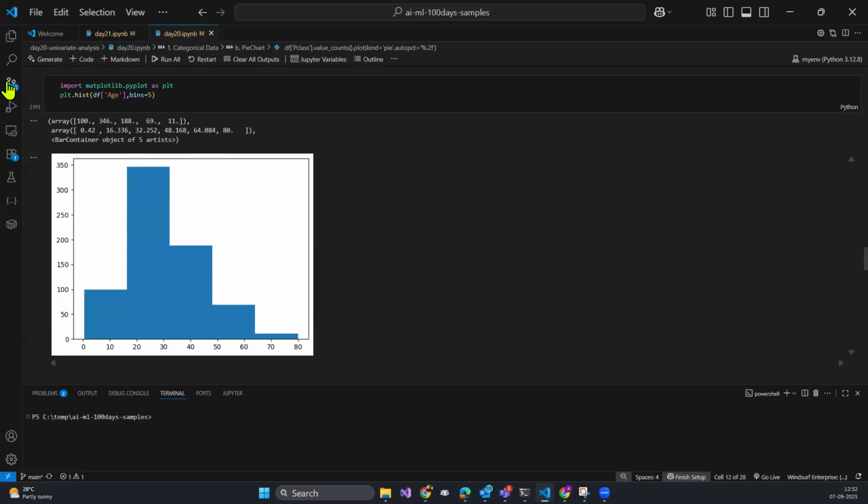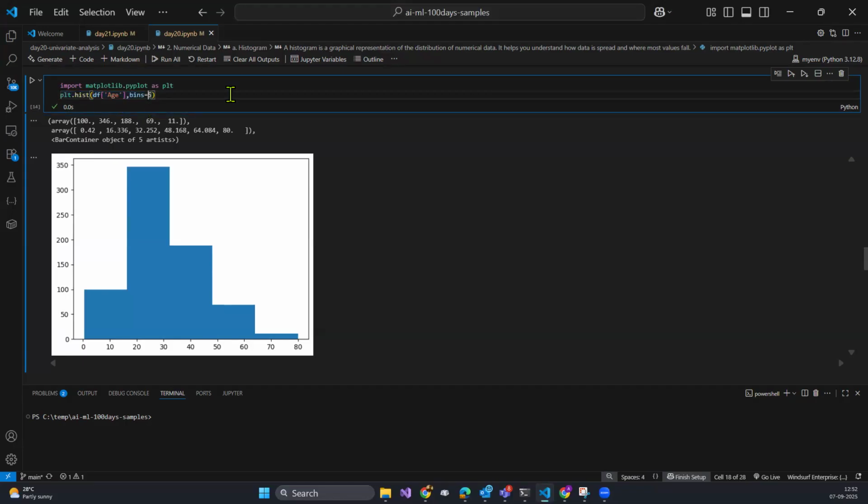So for this, we are going to include matplotlib, right? And with matplotlib, we are going to draw a visualization on age. So here, based on the bin size of five, these are the widths of these bars, and it displays the population getting included into each.